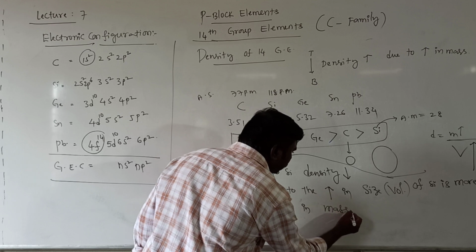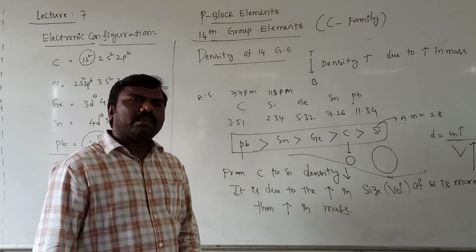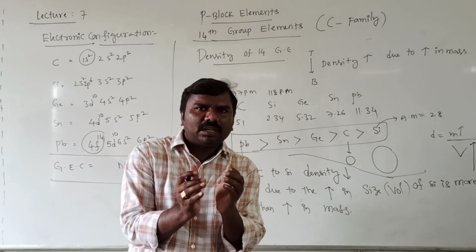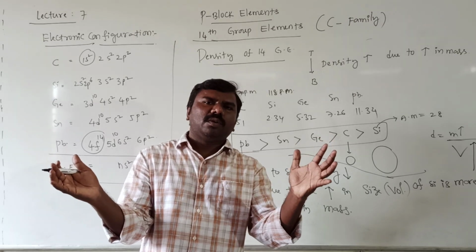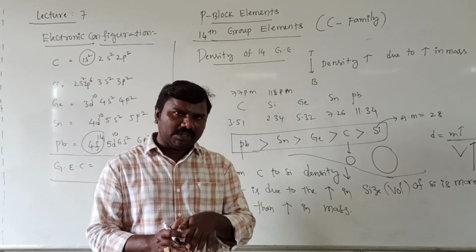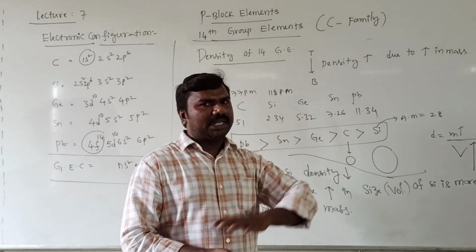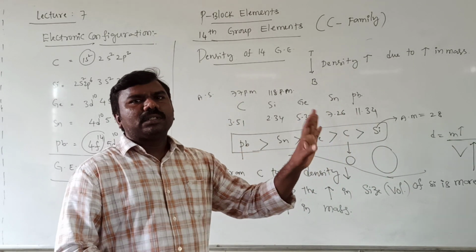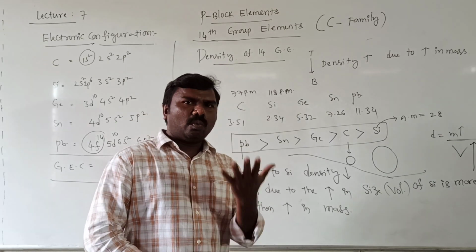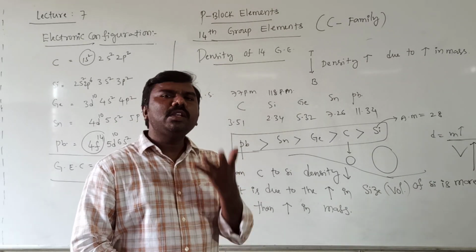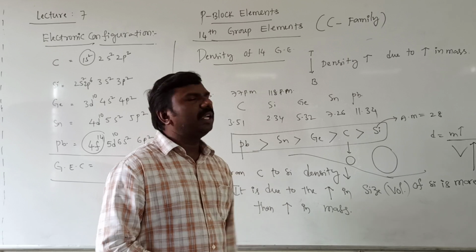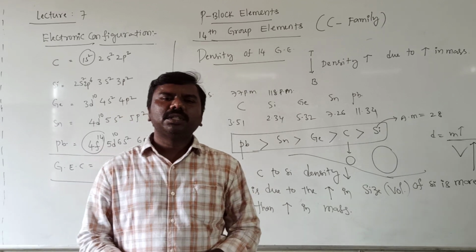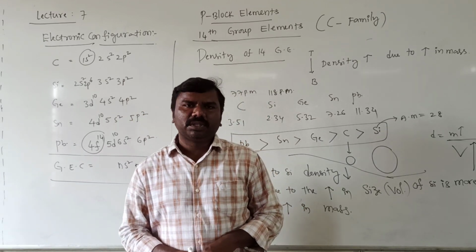The mass increase is small, but the volume increase is more. Volume increase is considerable when compared with the increase in mass. Volume increases, density will decrease. Very, very good. So we'll continue in the next video with different properties.